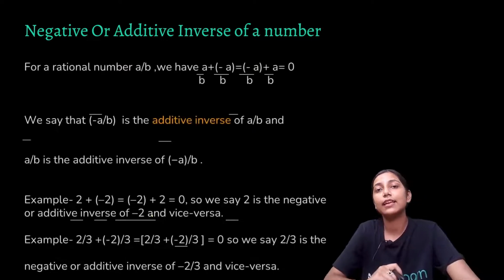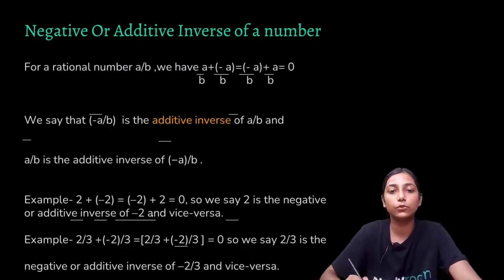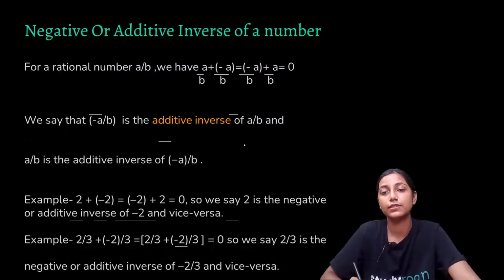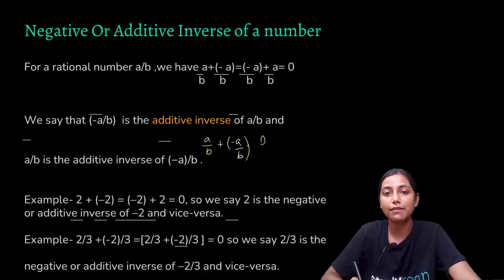What was the negative or the additive inverse? A number which when added to another number gives us the additive identity, that is 0, then that number is said to be the negative or the additive inverse of the other number. So what is the additive inverse of a by b? It will be minus a by b, because if we add minus a by b to a by b, we will get 0.